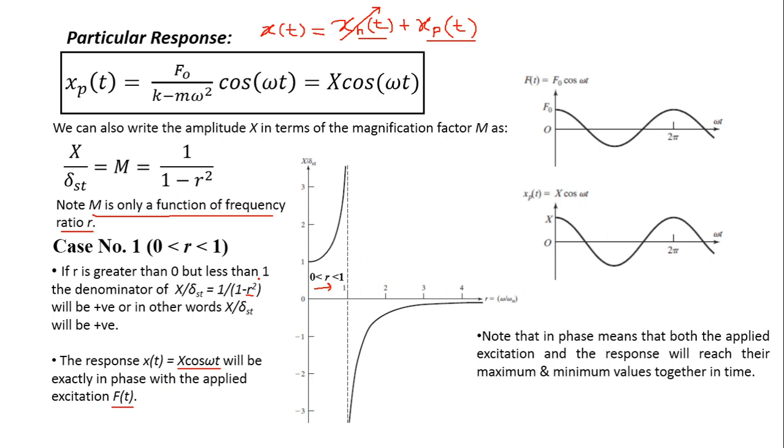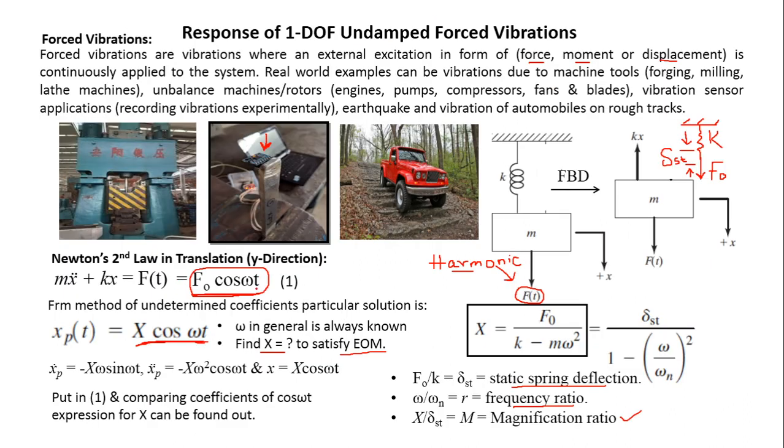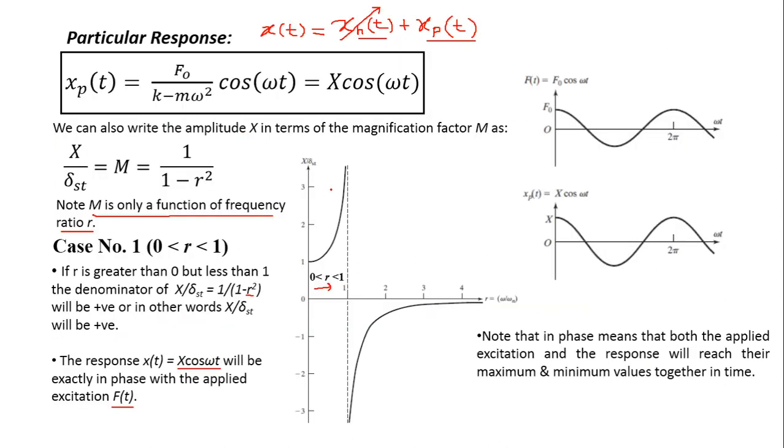That is also visible here. You can see that this input excitation is cos omega t, and this output response is also cos omega t. So there is no delay or lag. Therefore we say that the response is directly in phase with the excitation.